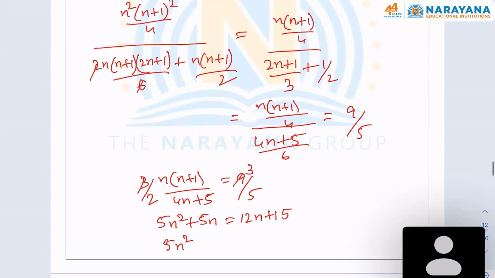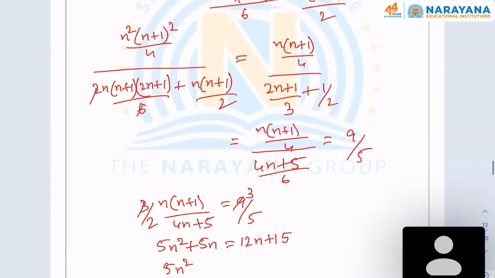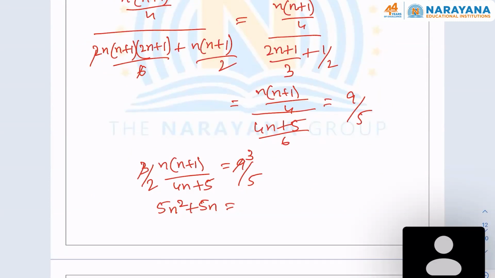So let me check the answer. So here we are getting 3 by 2, 3 3 is 9, 4n plus 6. So 5n square minus... what is the answer given here? 9 by 5. 3 into 2, 6, 6 into 4, 24n plus 6 into 5, which is equal to 30.